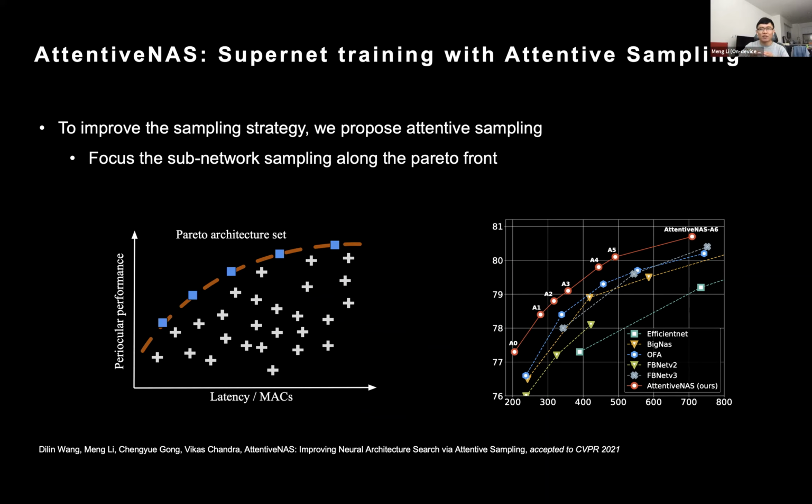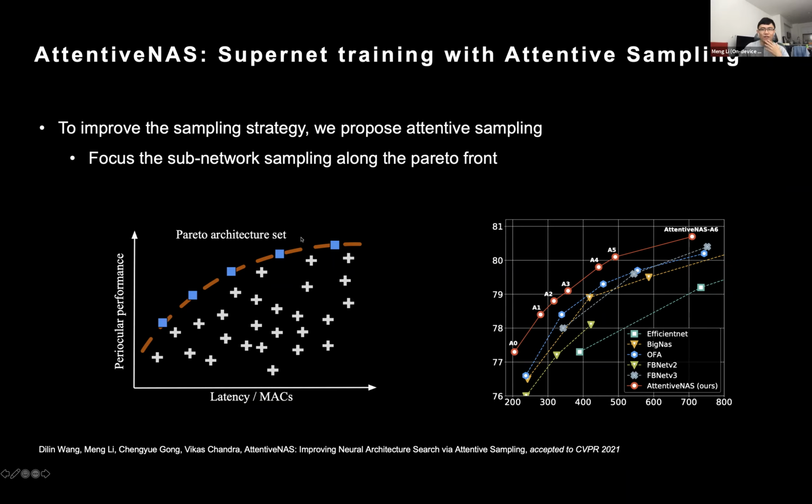However, this may not be the most efficient way, especially because in the searching process, we only care about the networks that are along the Pareto front, right? How to take this intuition into the sampling process is actually quite important. And what we propose is something called attentive sampling, basically to focus the subnetwork sampling along the Pareto front.